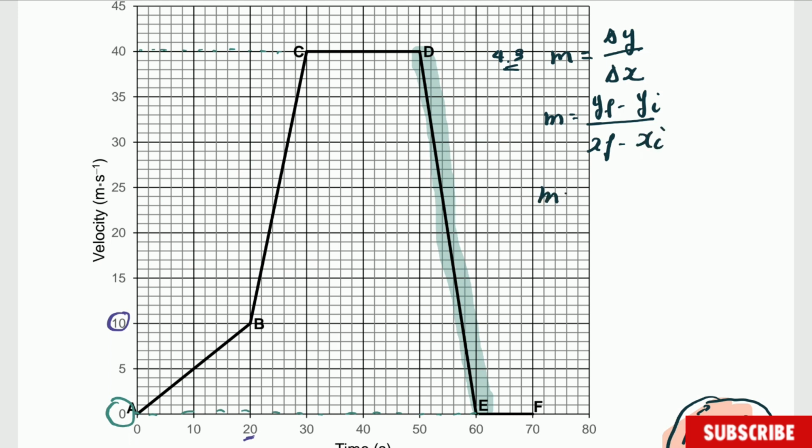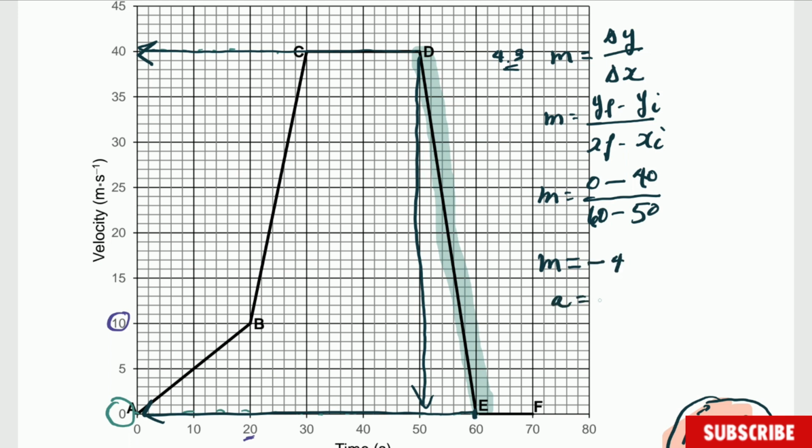When we substitute the actual numbers, the final y is 0, minus the initial y at the top, 40, divided by final x, which is 60, minus initial x, where the object starts at 50 seconds. So the gradient is equal to minus 4. So acceleration is equal to minus 4 meters per second squared.